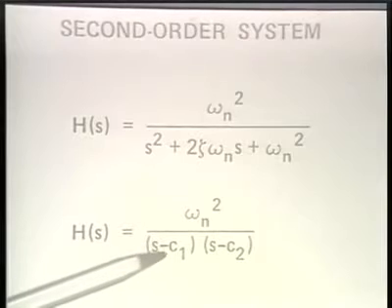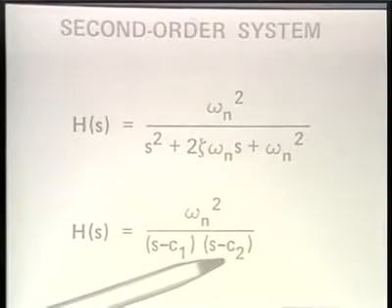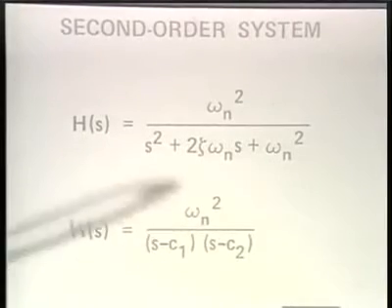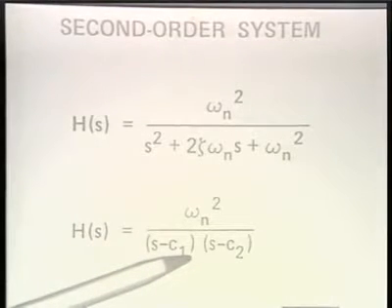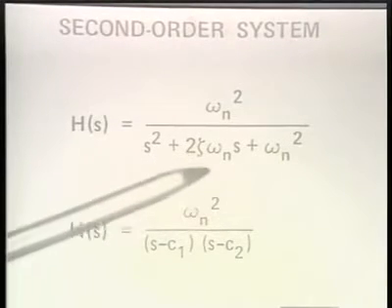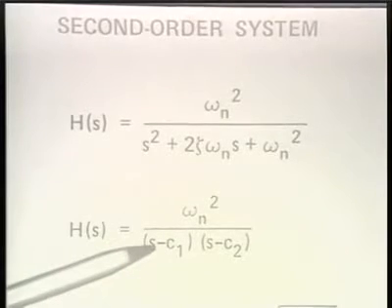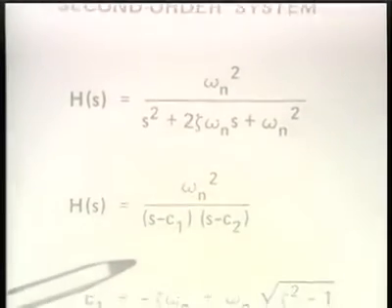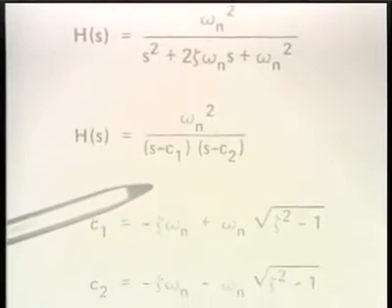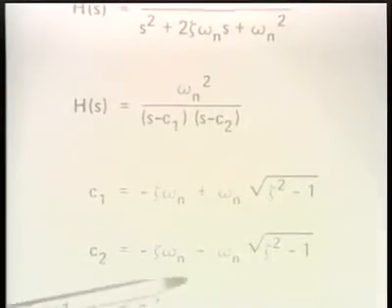And so c1 and c2 represent the poles of the system function. And in particular, in relation to the two parameters zeta and omega sub n, if we look at what these roots are, then what we get are the two expressions that I have below.